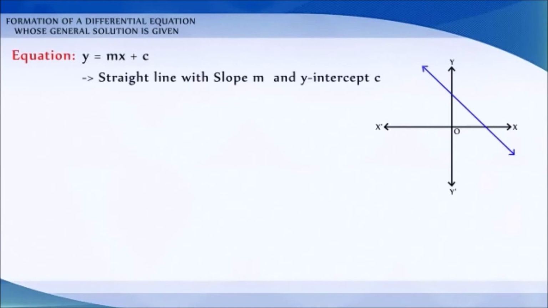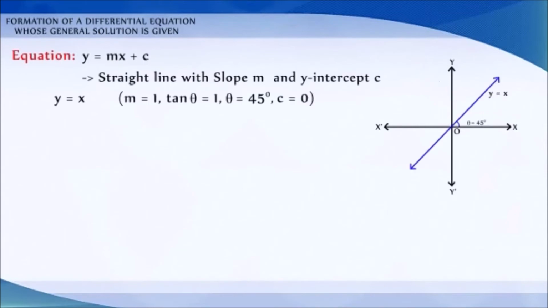Again, consider the equation y = mx + c. We know that this equation represents a straight line with slope m and y-intercept c. By giving different values to the parameters m and c, we get different members of the family.